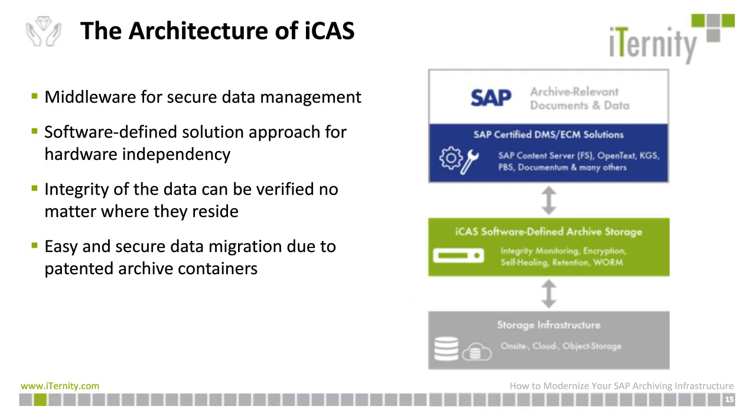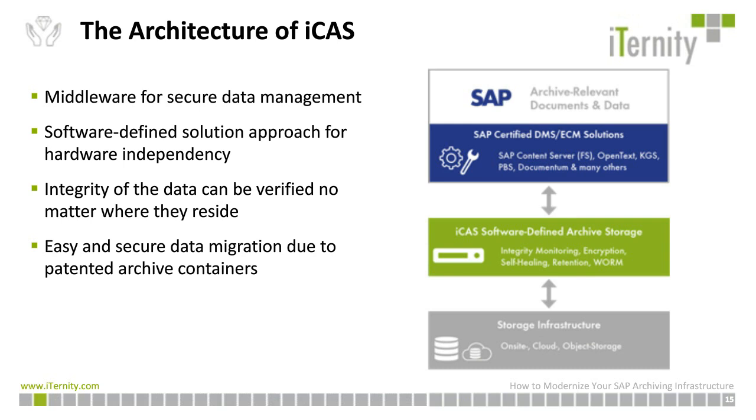So when we talk about the architecture of ICAS, we look at what ICAS is. It is a middleware for secure data management and compliant archiving. This means it sits between your SAP and ECM DMS bundle and the storage infrastructure.